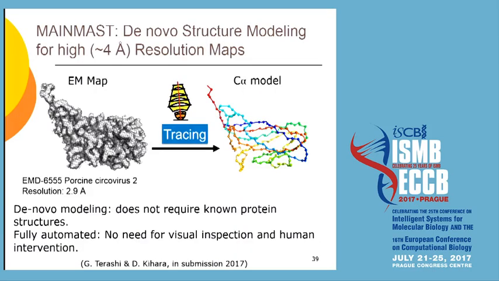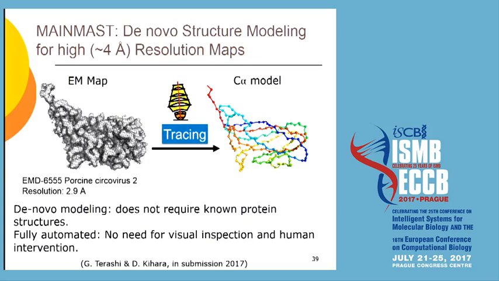In the last part, I'll show you our recent work on main chain tracing methods. This main chain tracing method, called MAINMAST, considers high-resolution EM maps of about 4 angstrom, because now we realize that EM methods can generate lots of high-resolution structures.